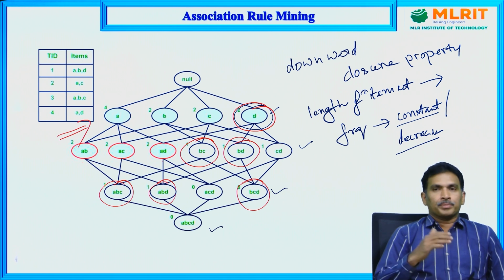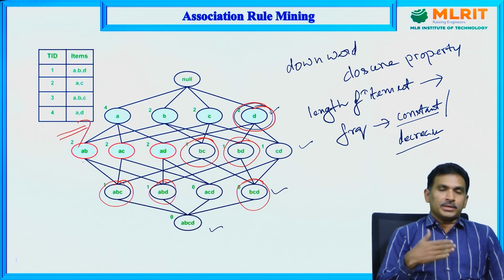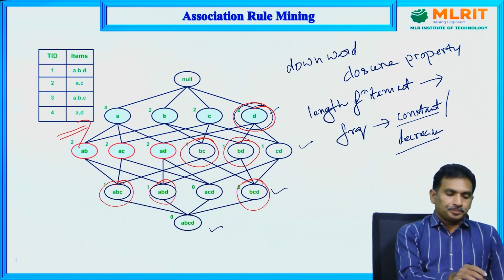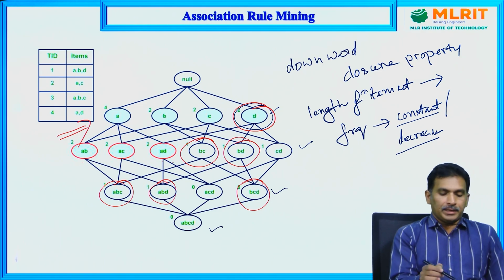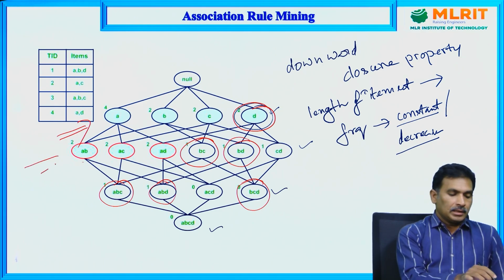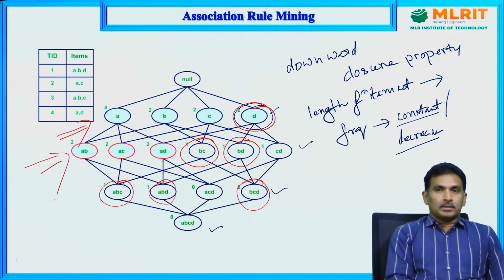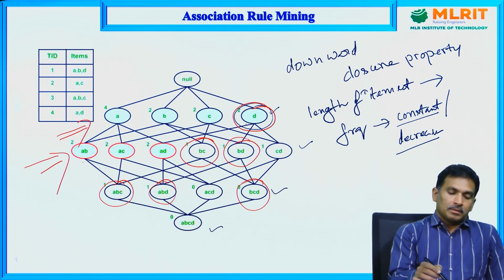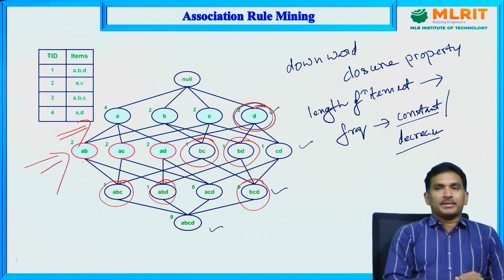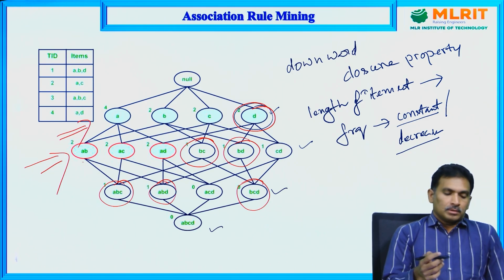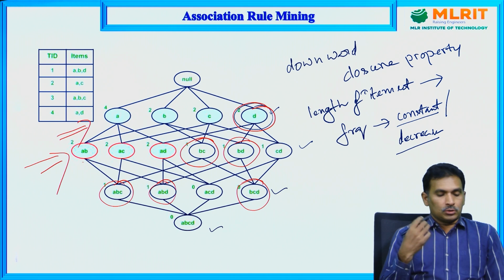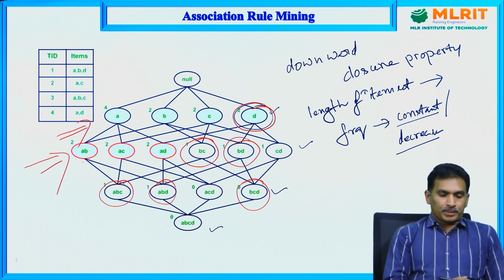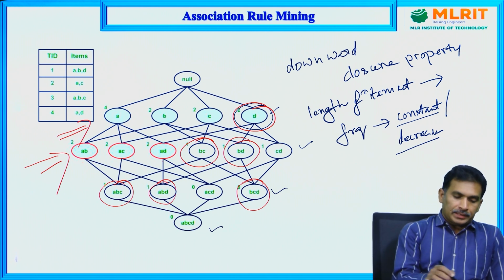Next, we generate the supersets of these items, like AB, AC, AD, BC, at this level. Why have we generated these? Because their subsets are frequent, so we could generate the supersets.